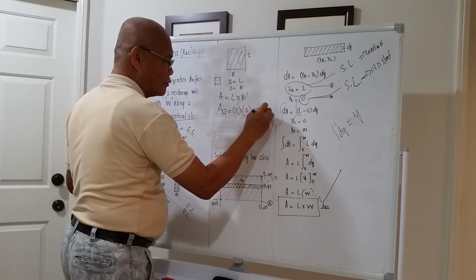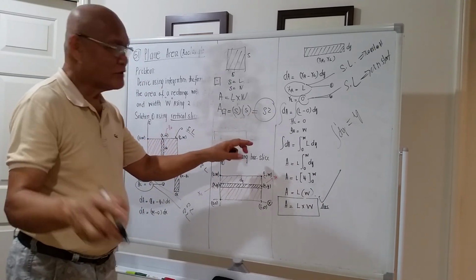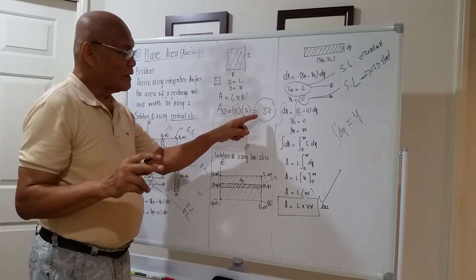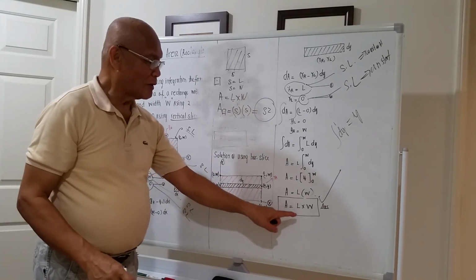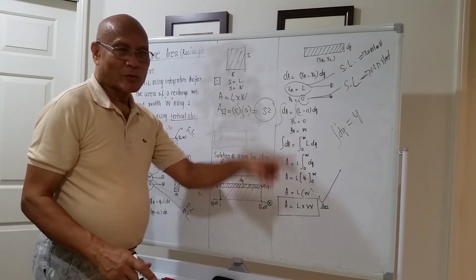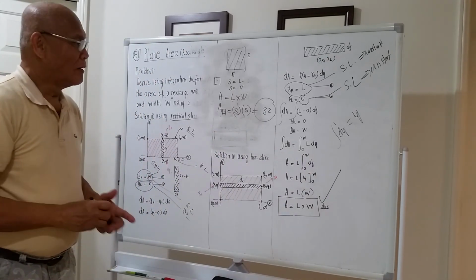It's equal to S squared. The formula S squared actually emanates from the formula area equal to length times width, because a square is a special case of a rectangle. Okay, that's it guys.